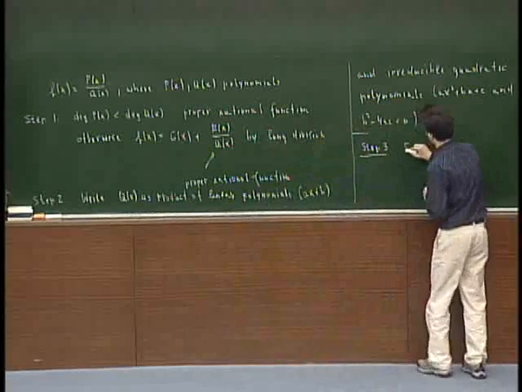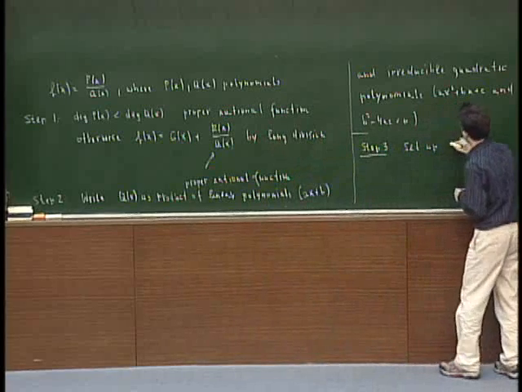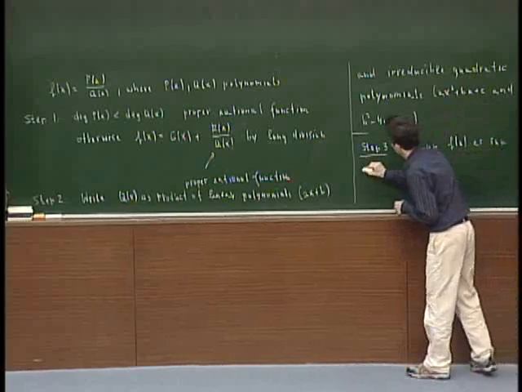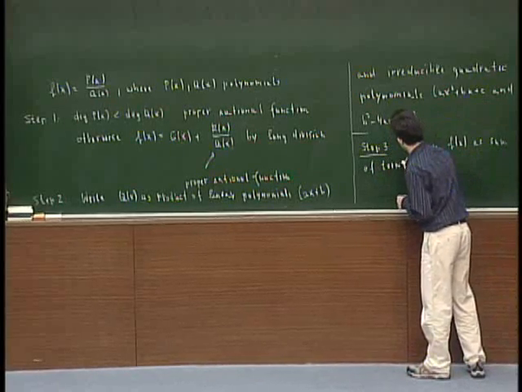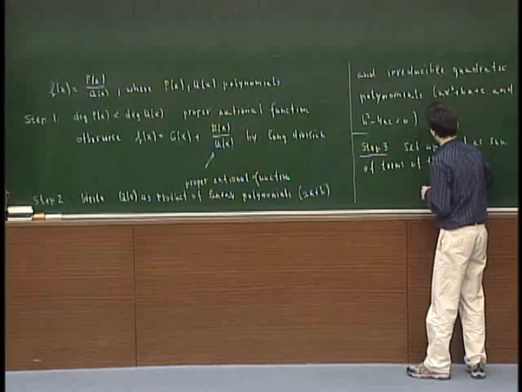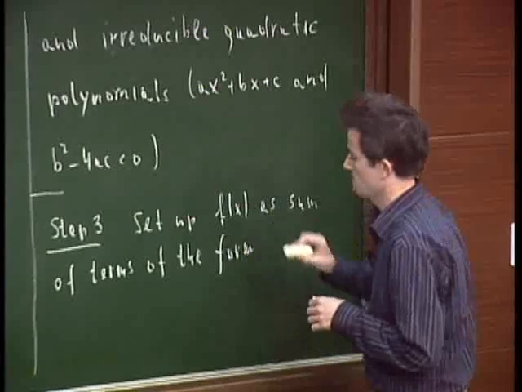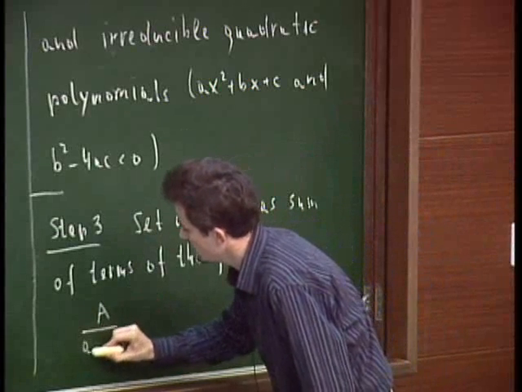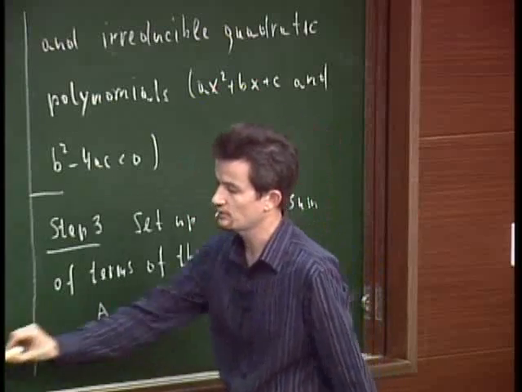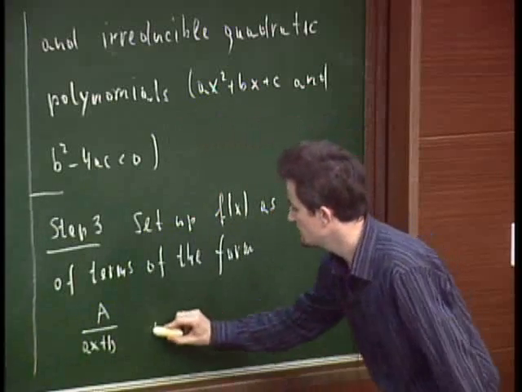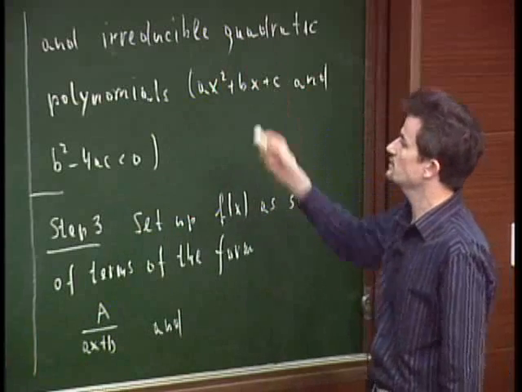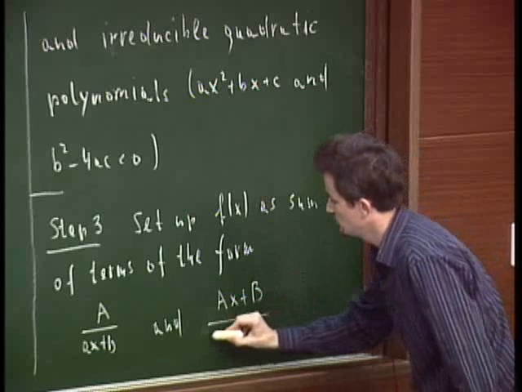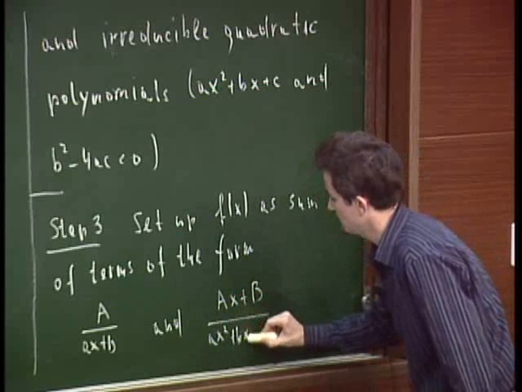So we set up f(x) as a sum of terms of the form A over ax plus b for all the linear polynomials, and for the irreducible quadratic polynomials we will use something like Ax plus B over ax squared plus bx plus c.